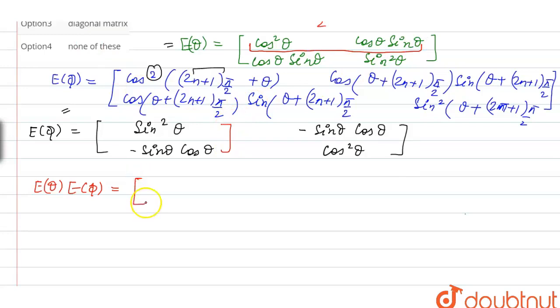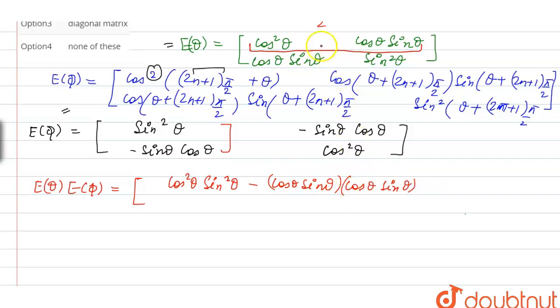This value is obtained as cos square theta into sine square theta, plus cos theta sin theta multiplied with minus sin theta into cos theta. So this becomes cos square theta into sin square theta minus cos theta sin theta into cos theta sin theta.